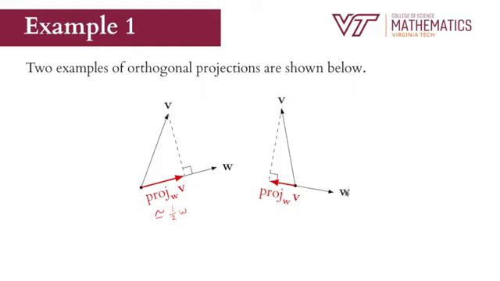In this example, vector W is pointing in this direction, but this angle is more than 90 degrees. And so when we draw the perpendicular to this line, the perpendicular is actually on the other side, and so this is roughly about negative 1/2 of W. Again, maybe a little bit more than half, but it's pointing in a different direction. And so the orthogonal projection can be in the direction of W, or it can be in the opposite direction to W, depending on whether this is an acute angle or an obtuse angle. Both of those are possible.